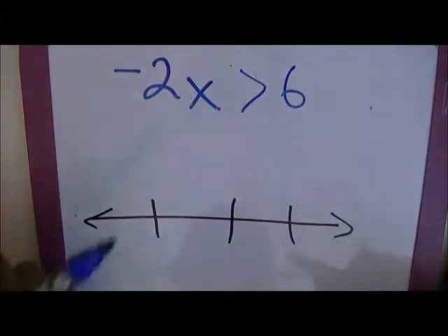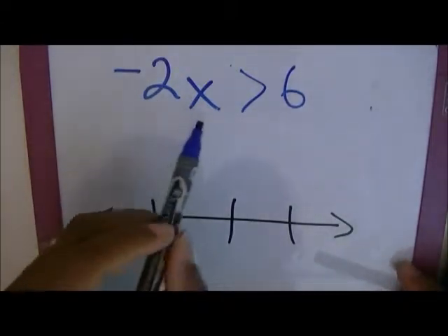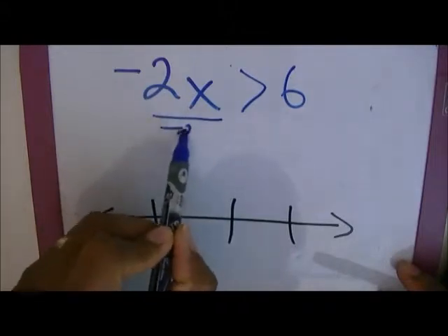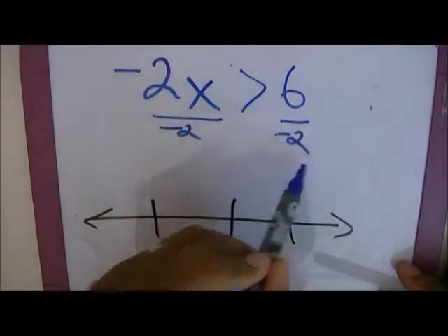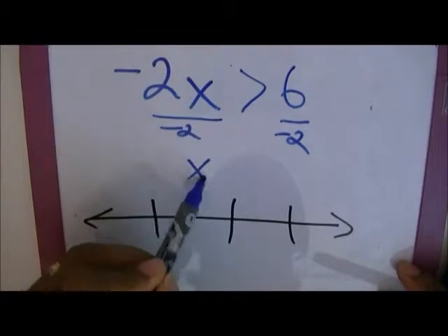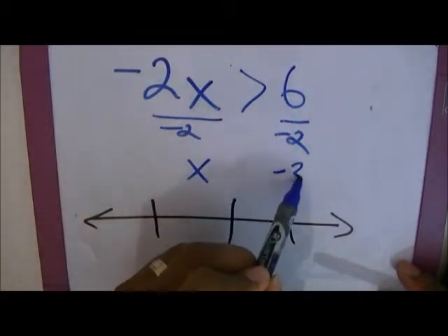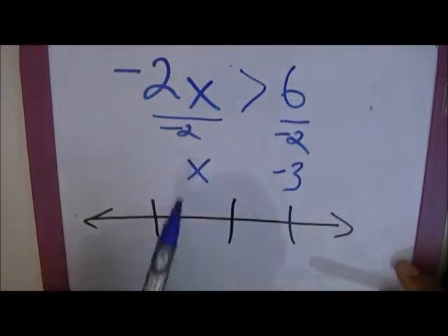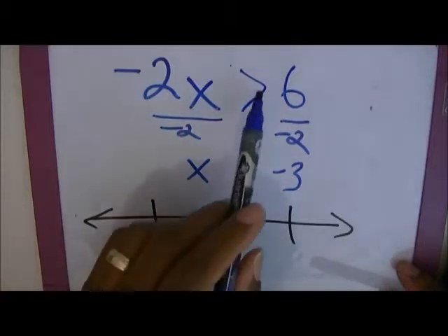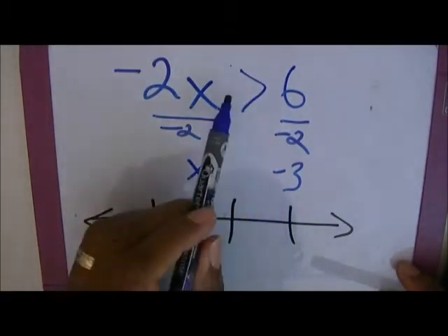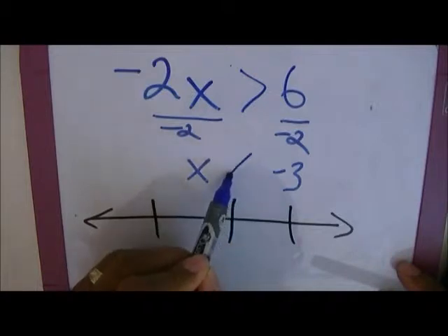Just like before, since we're multiplying by negative 2, we'll just divide both sides by negative 2. So then I'll have x over here and negative 3 over here. However, whenever you multiply or divide by a negative number, you have to switch the sign of the inequality. So instead of saying greater than, it now becomes less than.